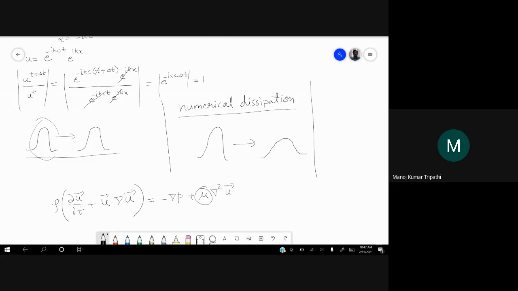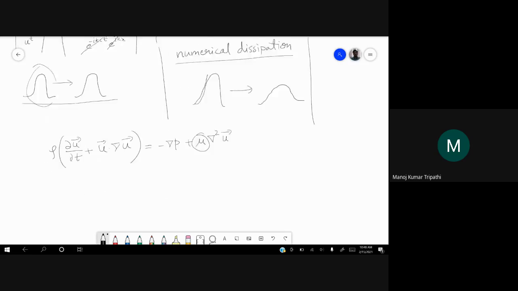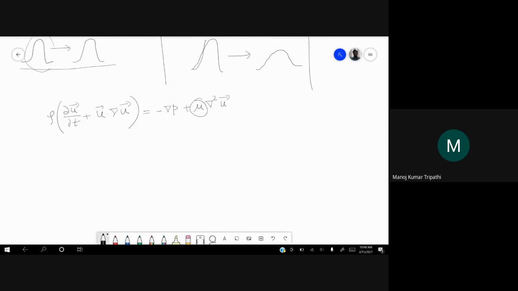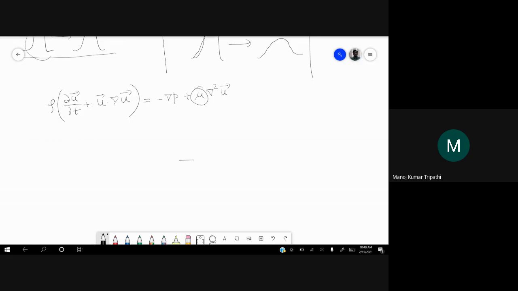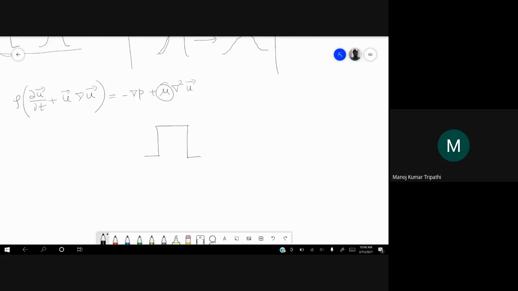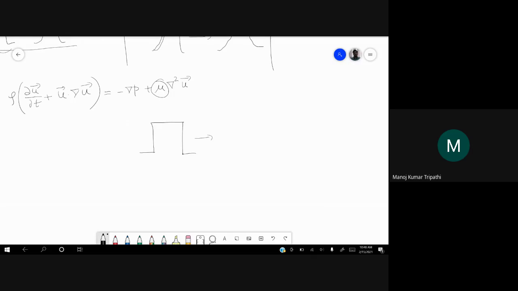Similarly, there is one more concept where the Fourier modes of the original wave are not preserved. So sometimes you will see that the original wave, if it looks like this, you may not get a proper feel of that. Let's say the original wave is like this, and what will happen is it will dissipate over time. That is, the magnitude will decrease.